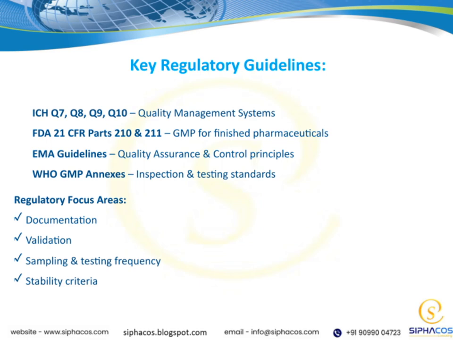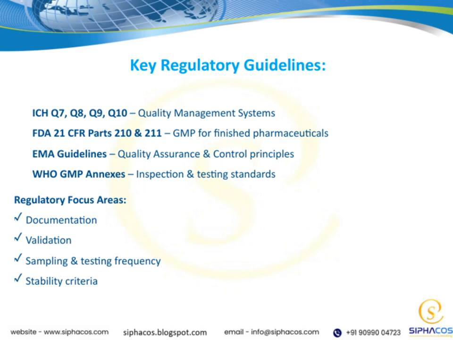Now, beyond these guidelines, there are key focus areas that are critical in our daily operations. Documentation is vital. Accurate and thorough records support compliance and traceability. Validation is another cornerstone. It ensures our processes deliver consistent results. Sampling and testing frequency are also crucial. They determine how often we check our products to maintain quality.